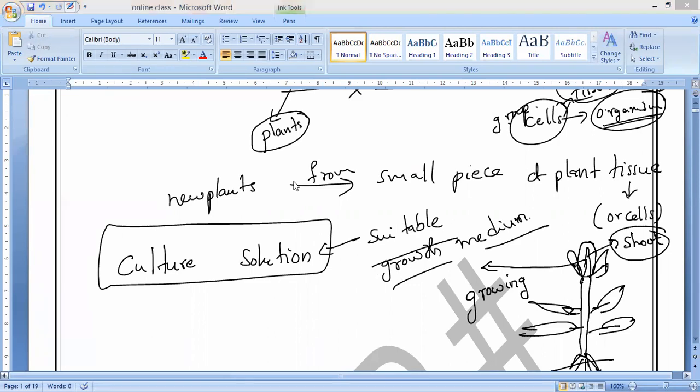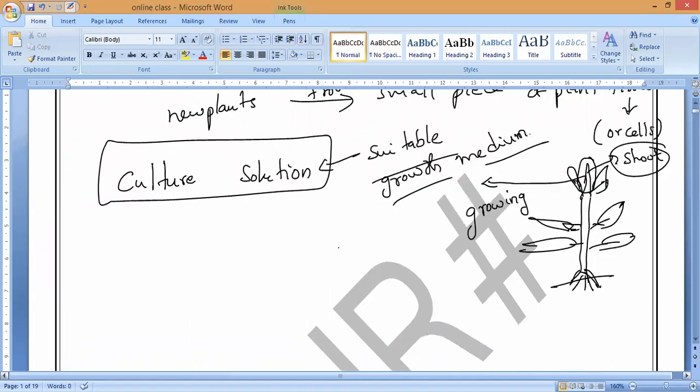Do you understand, Karthikeyan, Dilepan, what I am saying? Now here, we will remove this growing shoot or tip of the plant and keep it in this culture solution, which is a suitable growth medium.